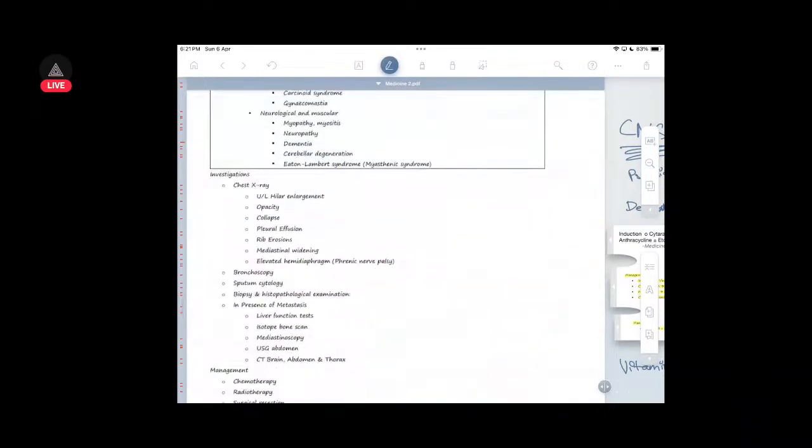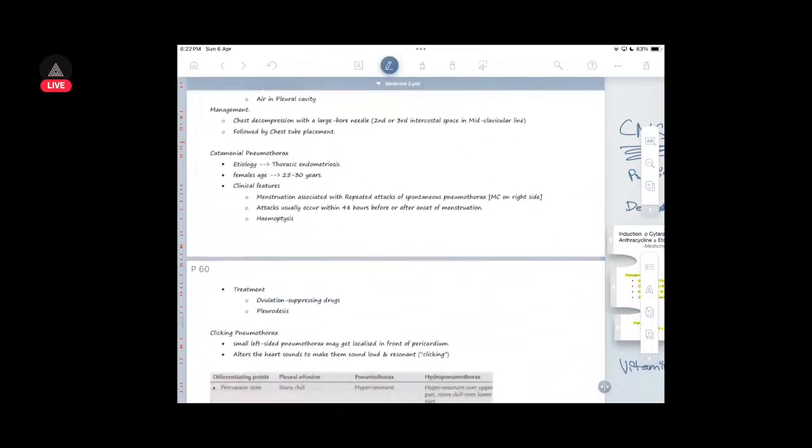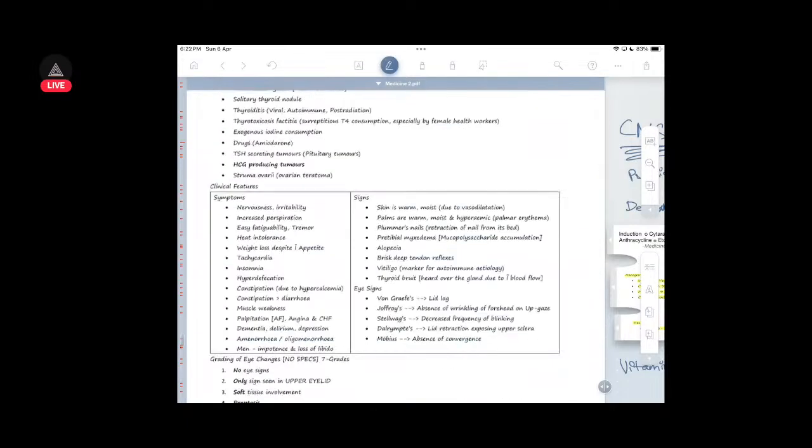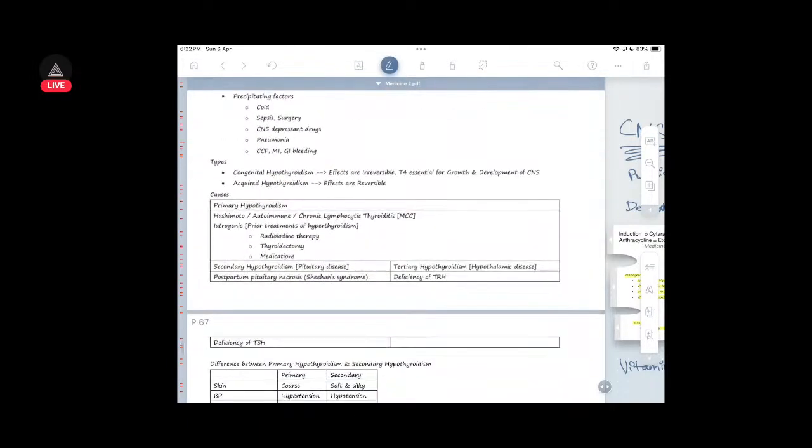CVS itself is like 43 pages and I need to do all of it. I'm so screwed if I don't. Endocrinology is okay, doable.